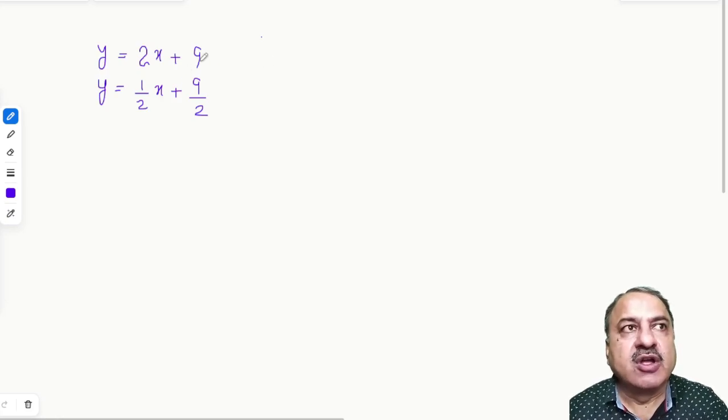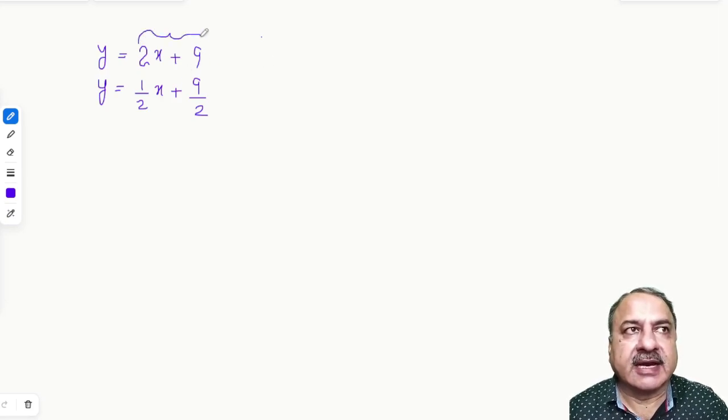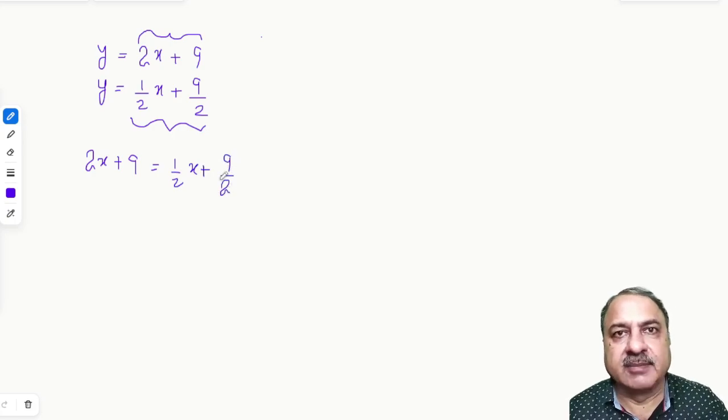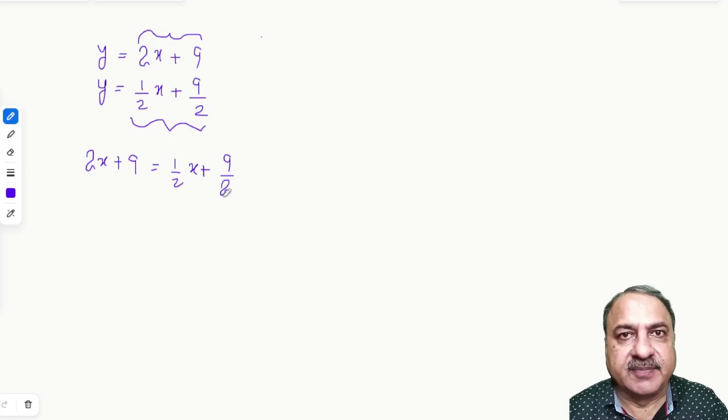We will compare the right hand side. 2x plus 9 equal to 1 by 2x plus 9 by 2. Because the left side is the same for both equations, it is y, we have to compare the right hand side.